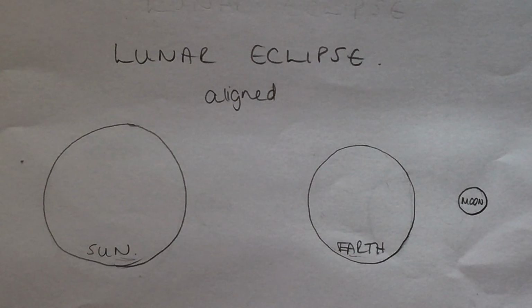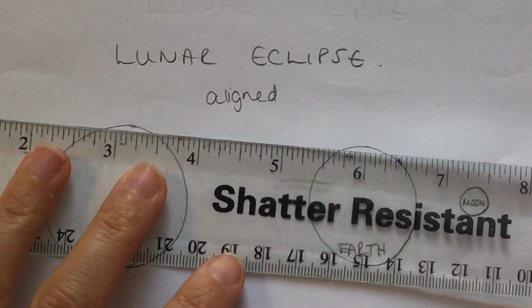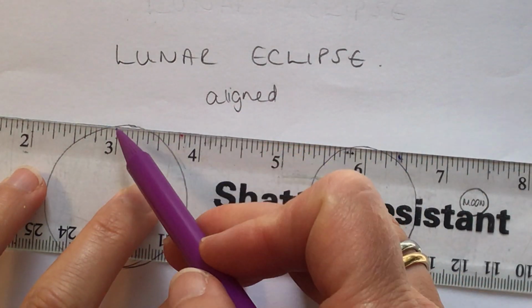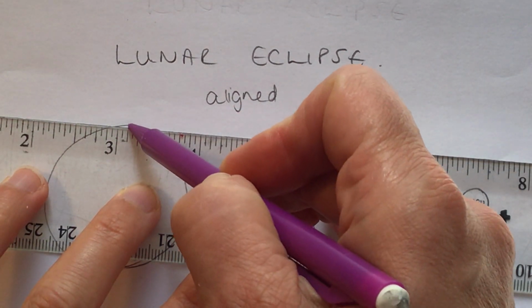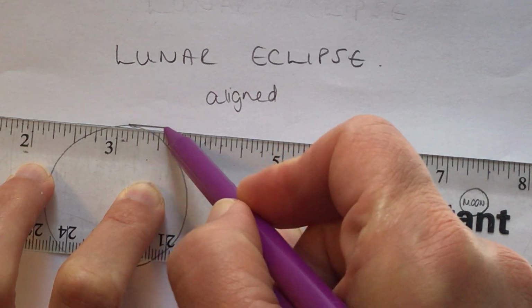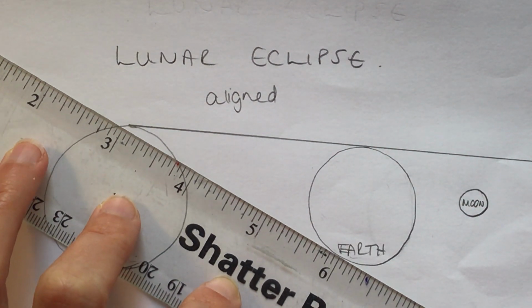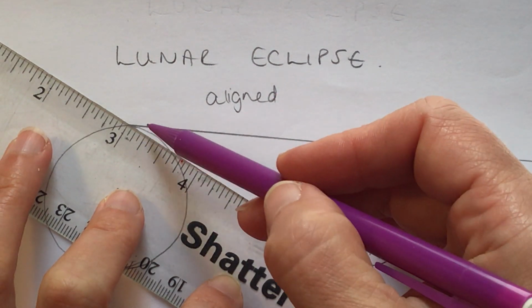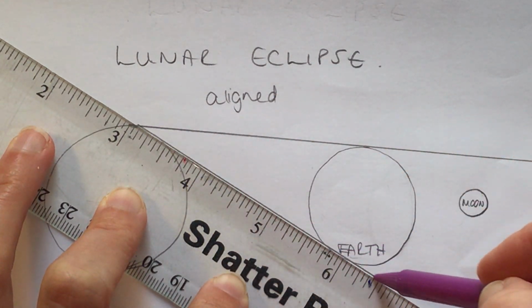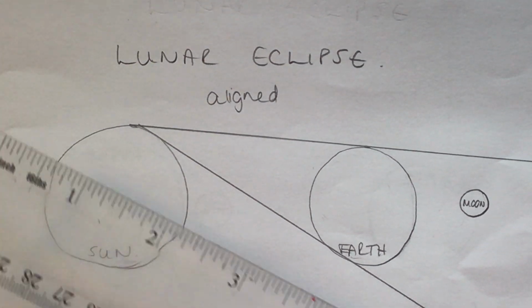So you do a very similar thing in order to show this as with rays. So once again, we take rays from the top of the sun. We do one that glances across the top of the earth and one that glances across the bottom of the earth, like so.